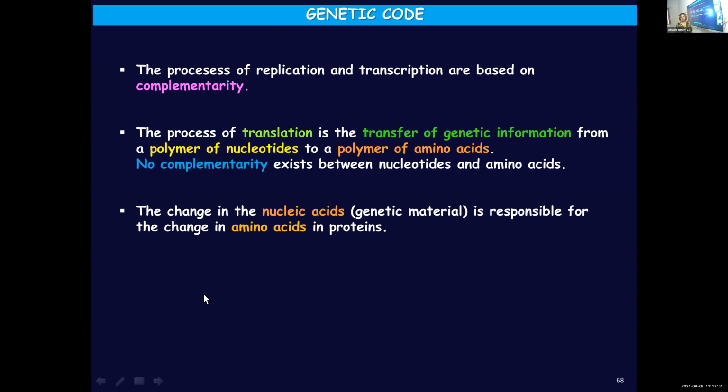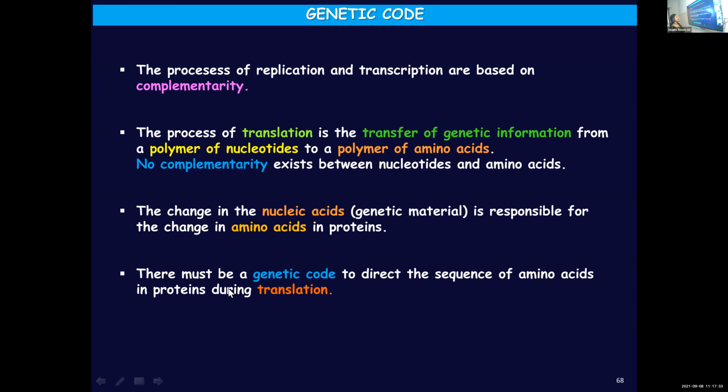So when there are changes in the genetic material, accordingly there will be changes in the amino acids which are produced, even though there is no complementarity between nucleotides and amino acids. Depending upon the changes happening in this RNA, the amino acids can also change.